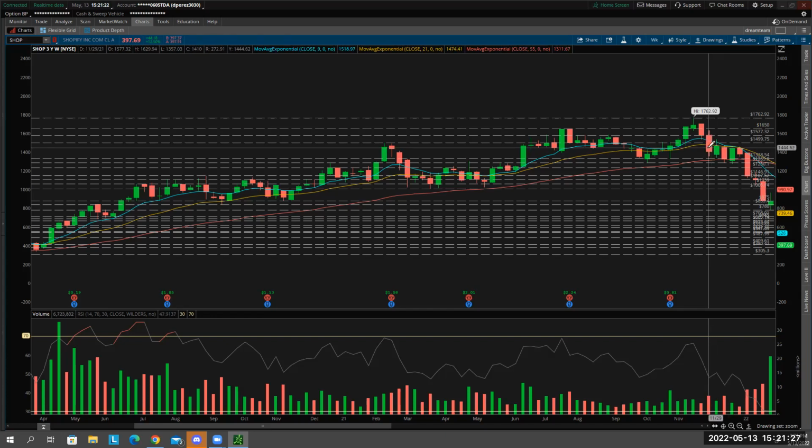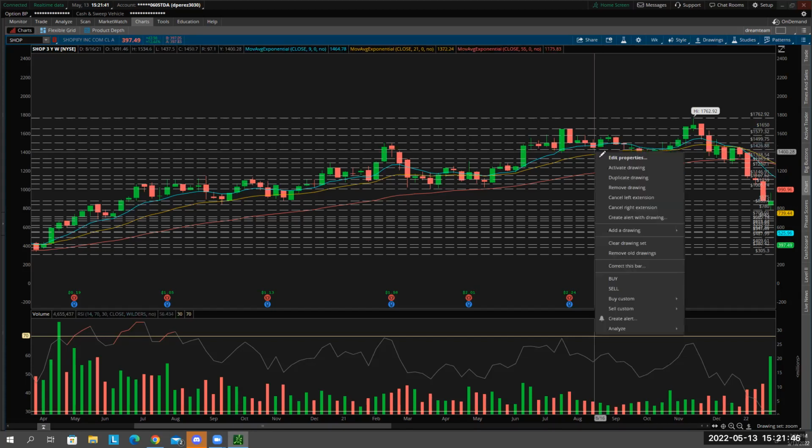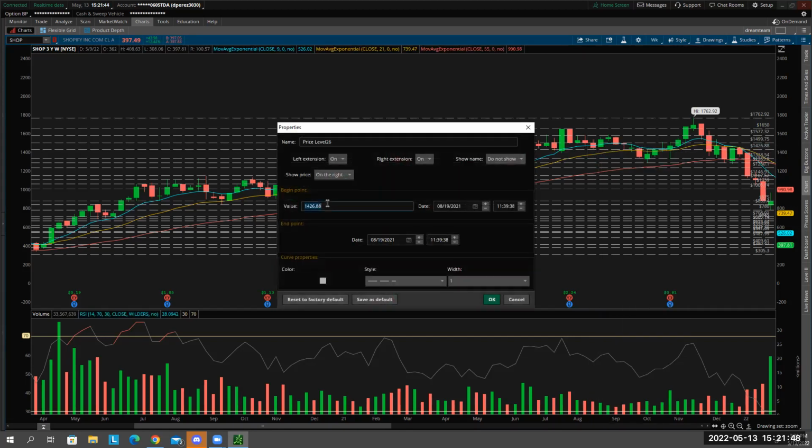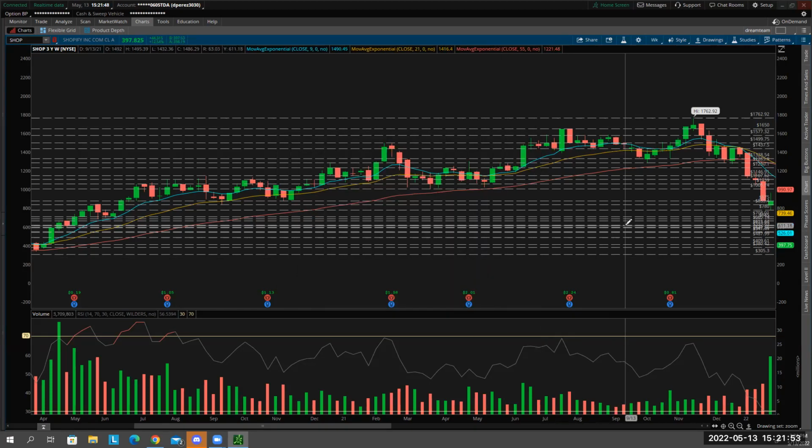It's got 1577 here. 1457. I like this one. 1437.5. It's a nice level.